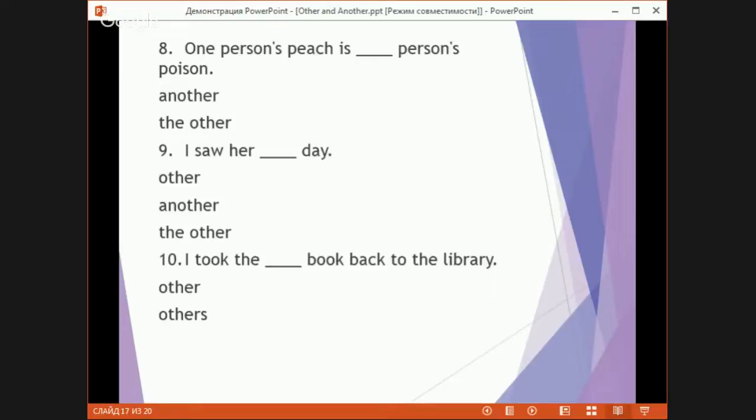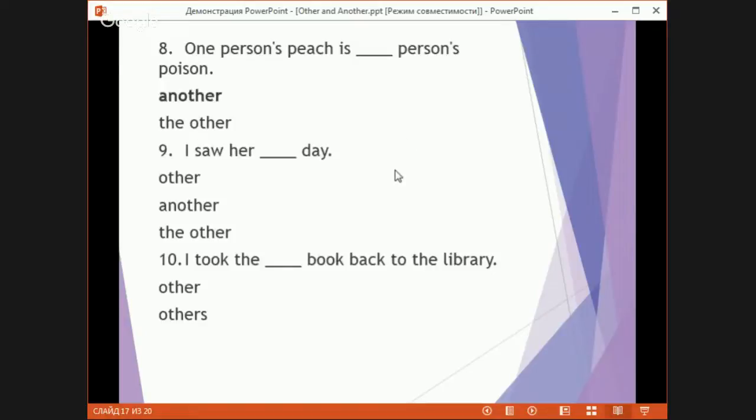Actually, the eighth sentence is a proverb. So what have we got here?